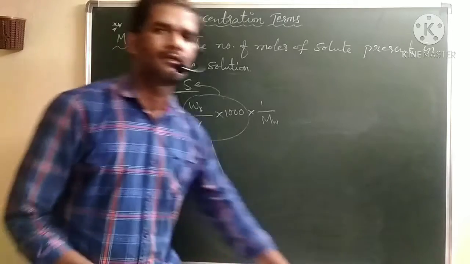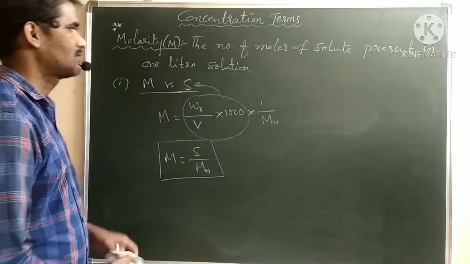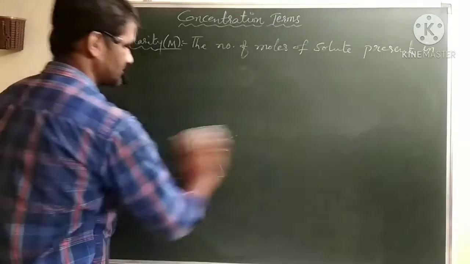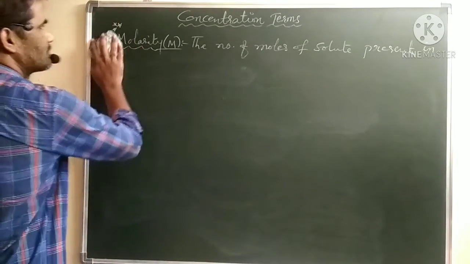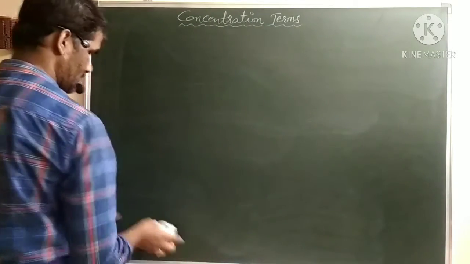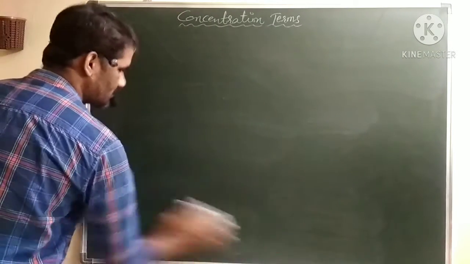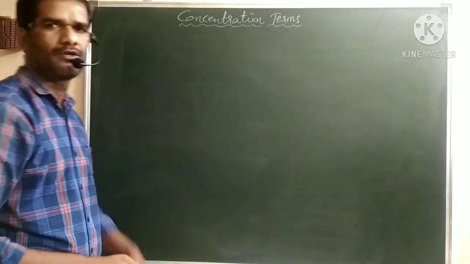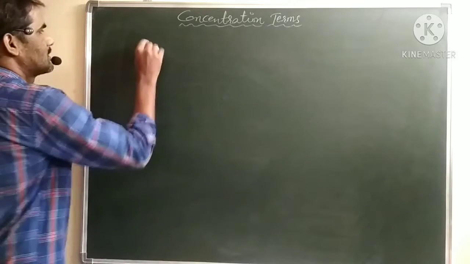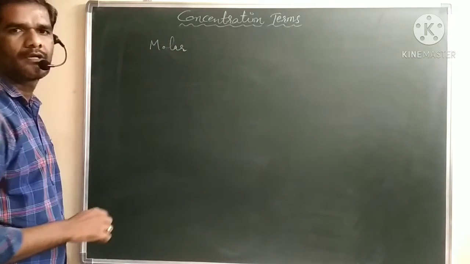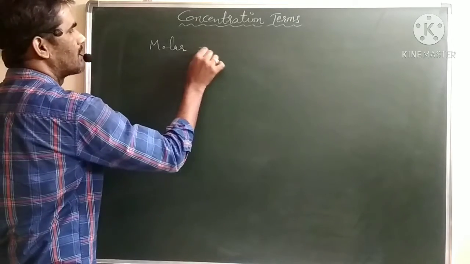Let us take some basic numericals with respect to the molarity here. And here are some terminologies you should remember before we discuss the numericals. That is, first one, molar. Here molar means 1 molarity.